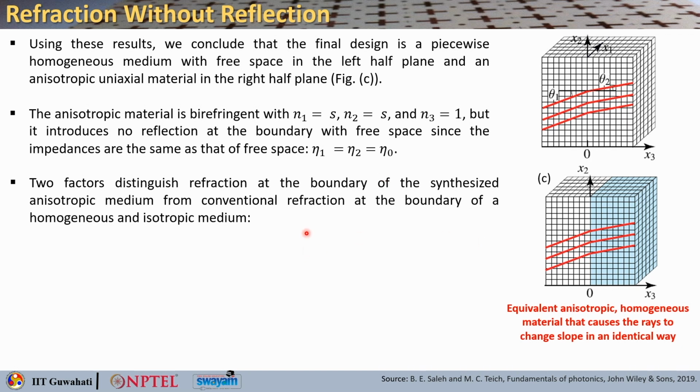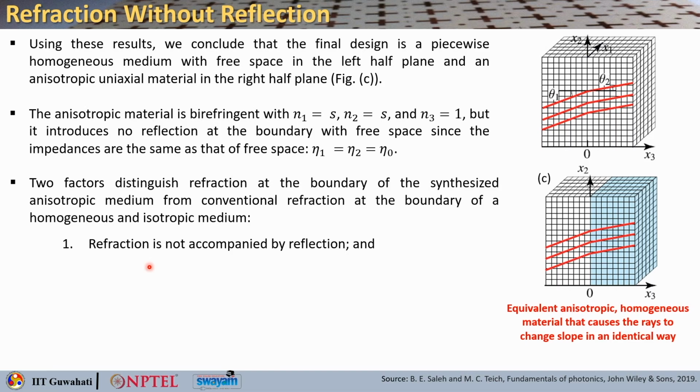So these two factors distinguish refraction at the boundary of this synthesized anisotropic medium from a conventional refraction that takes place at a boundary of a homogeneous and isotropic medium. So here what we have understood is that refraction is not accompanied by reflection.